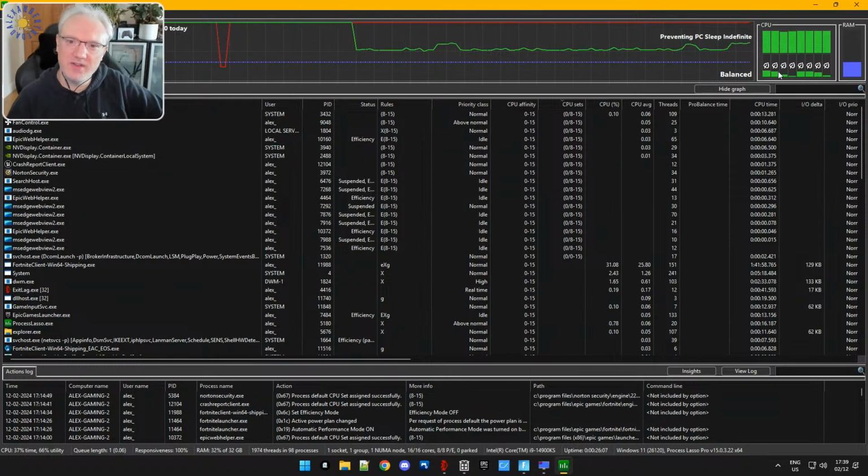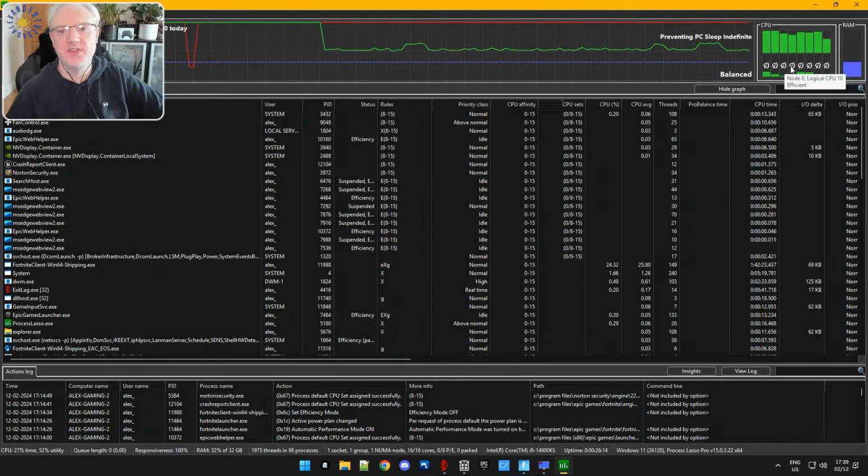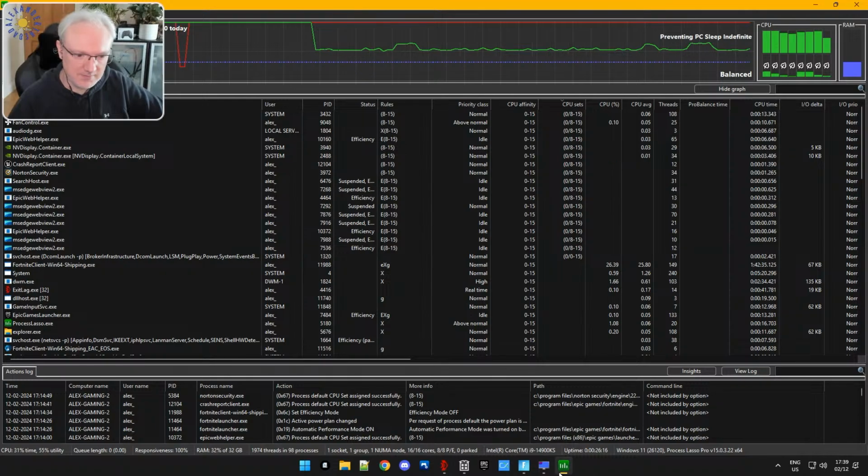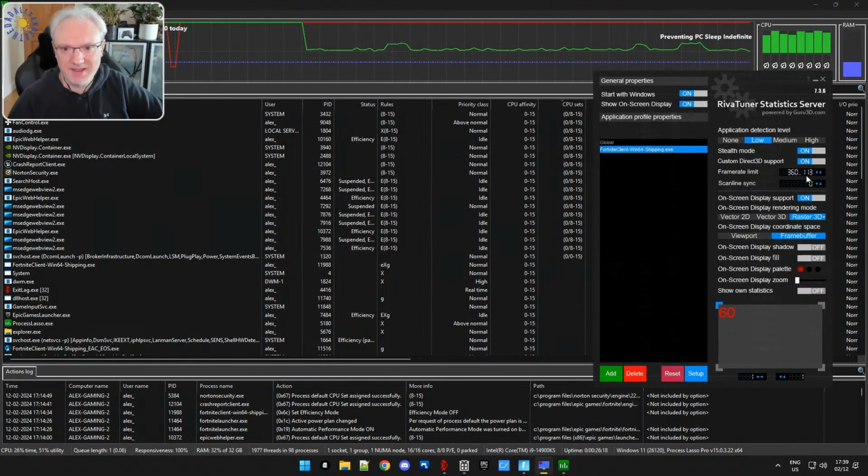You do get flood over into E-cores if you really start going higher FPS. If I went 1000 FPS, or even unlimited, let's just go unlimited.